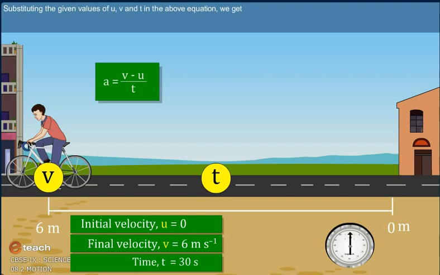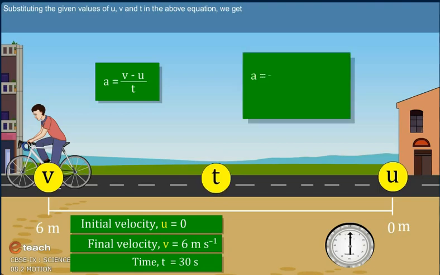Substituting the given values of u, v and t in the above equation, we get a is equal to 6 meter per second minus 0 meter per second divided by 30 seconds. That is equal to 0.2 m s raised to the power minus 2.